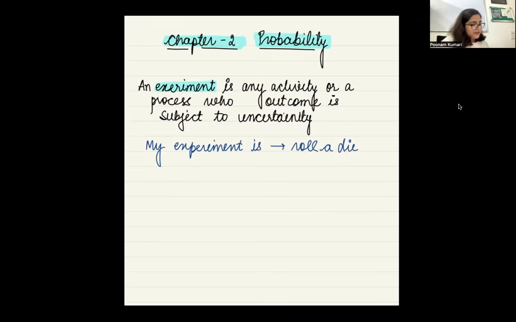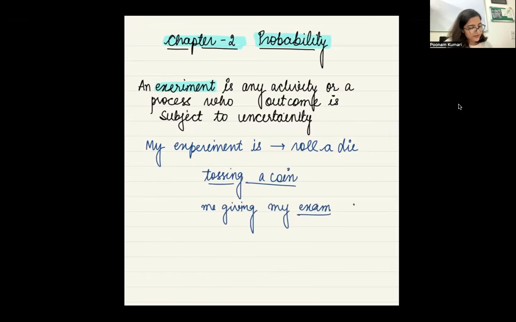Okay. For example, what else? Tossing a coin. This is also an experiment because when I toss a coin, what could be the outcomes? Let's say head comes on top or tail can also come on top, right? Me giving my exam, which is a 100-mark paper, is that an experiment?